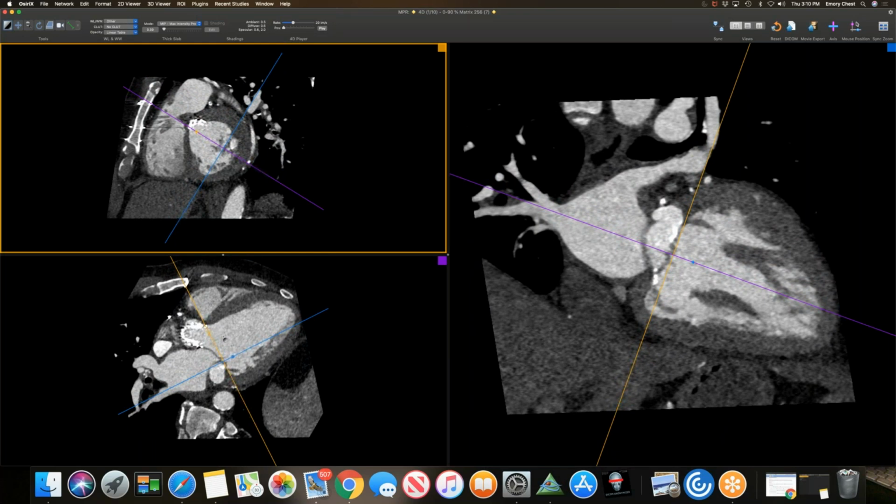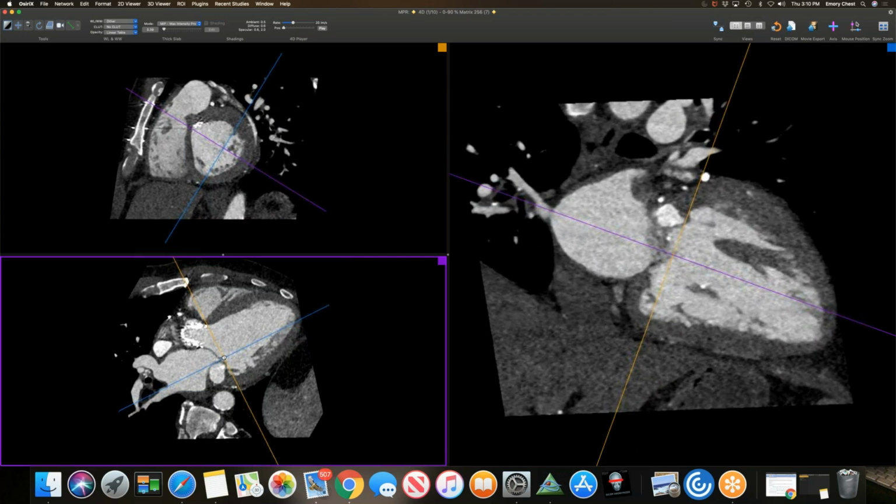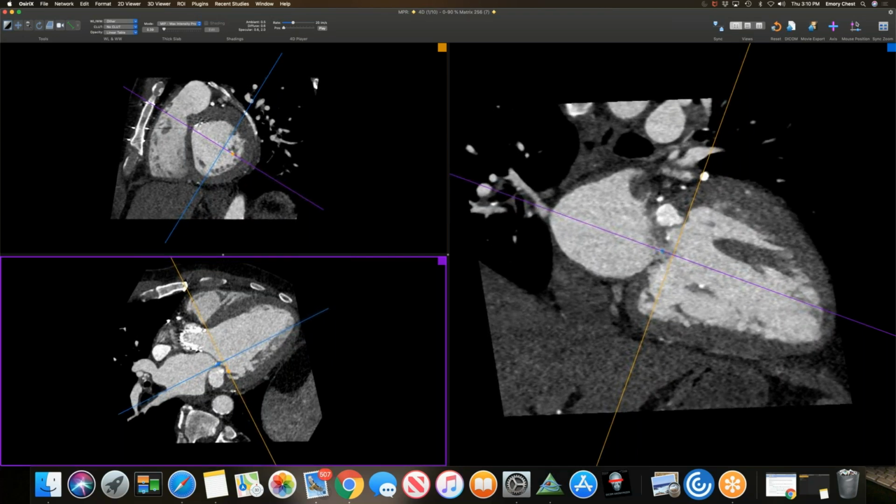And then the other possibility I thought was maybe it was just some kind of iatrogenic injury, like they hit that wall there with a stiff guide wire and injured it and caused the aneurysm.